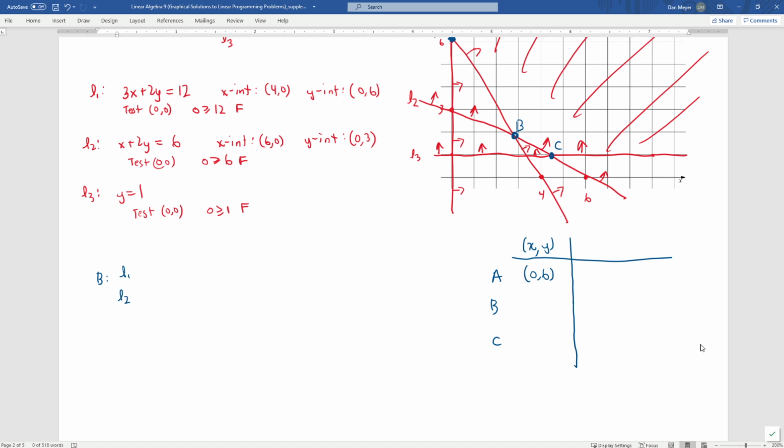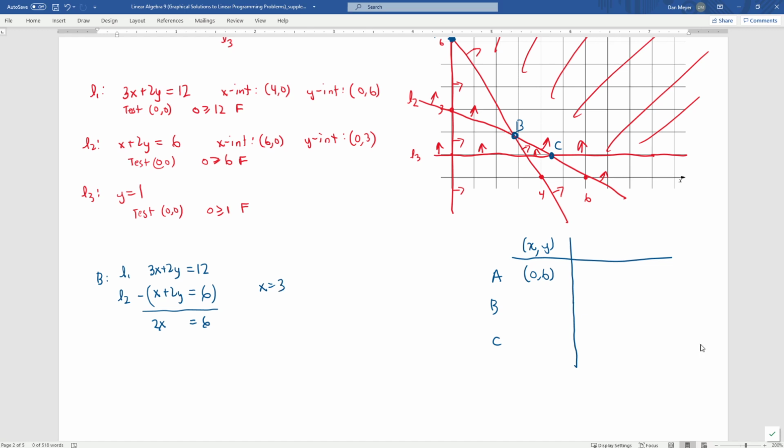So line 1 has the equation 3x plus 2y is equal to 12. And line 2 has the equation x plus 2y is equal to 6. That's already set up for a nice elimination. If I just subtract, I get 2x is equal to 6. So that gives x equals 3.